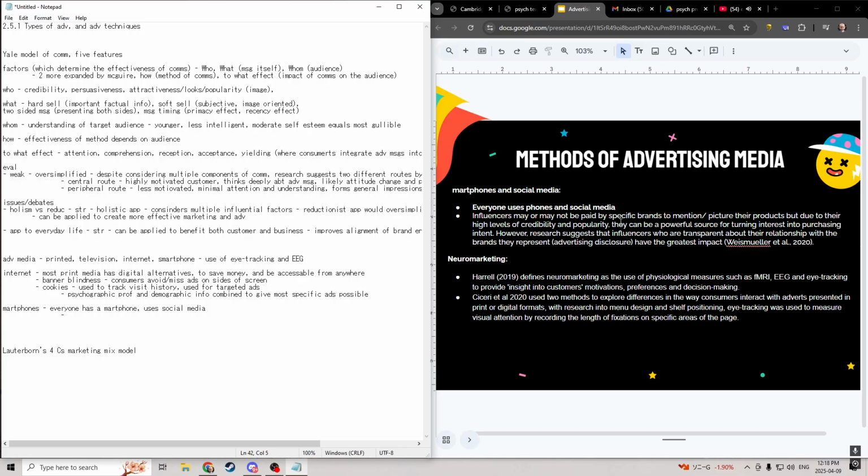Influencers may or may not be paid by specific brands to mention or picture their products, but due to their high levels of credibility and popularity, may be powerful in turning interest into purchasing intent. However, research suggests that influencers who are transparent about their relationship with the brands they represent have the greatest impact. Influencers have sponsors.